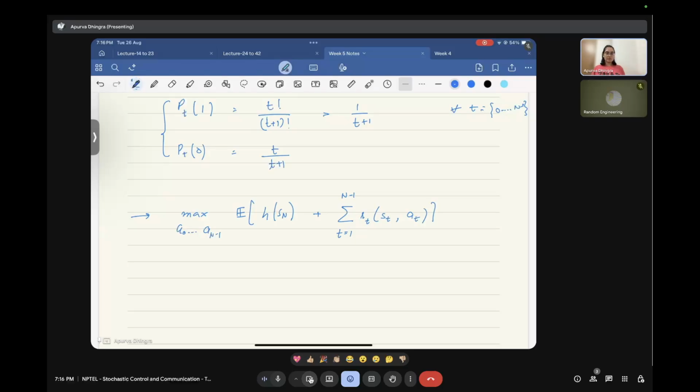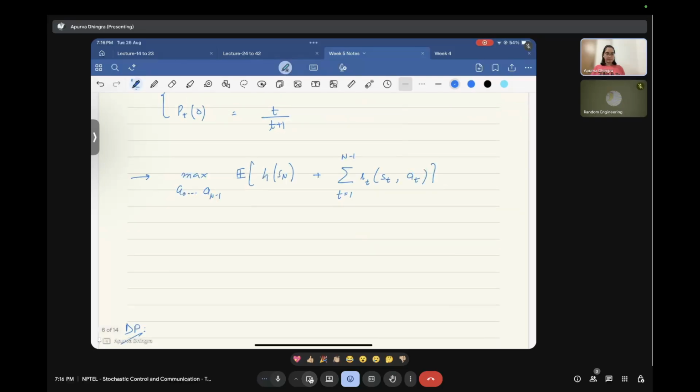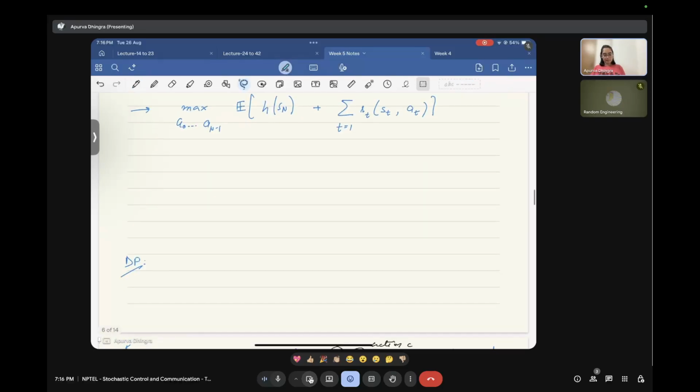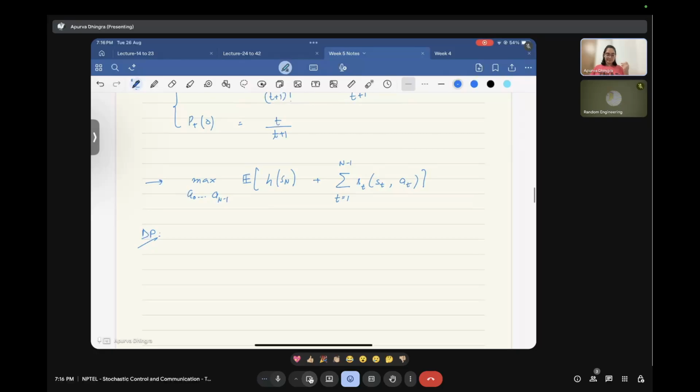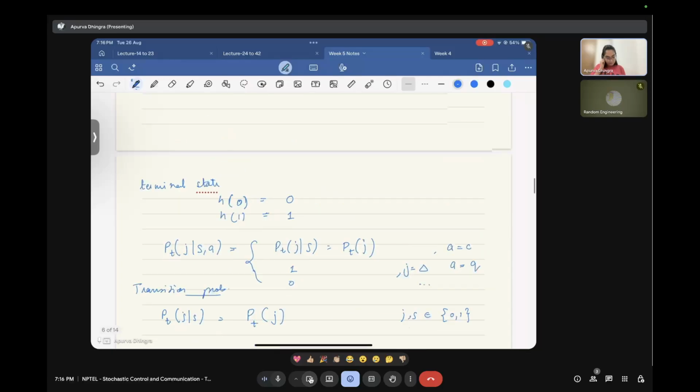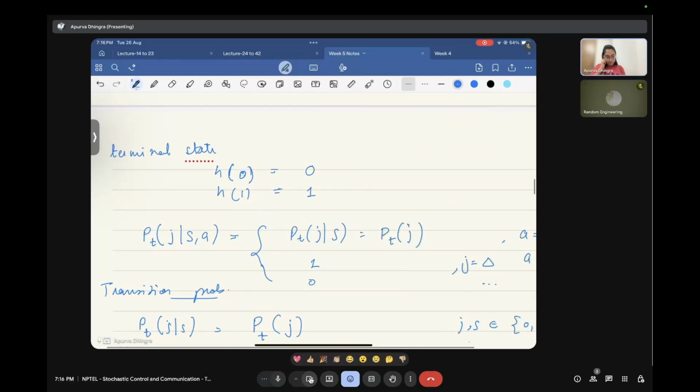Okay, so now we're just going to apply DP to this problem. And applying DP means we start with the terminal state and then go backwards. Now, for the terminal state, what did we say about the terminal state? These values are already fixed.